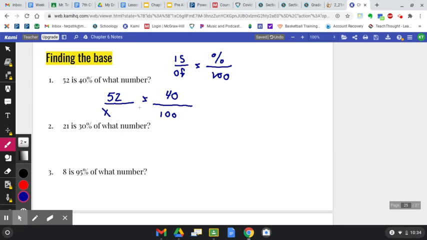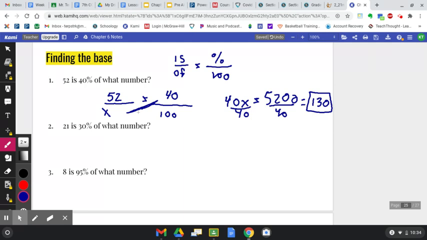Okay, so if I'm doing cross multiplying, just personal preference, I like to put the variable first, so it's on the left side. 52 times 100. And then if I divide both sides by 40, we get 130 as our base.